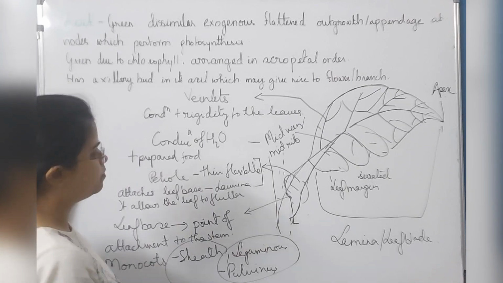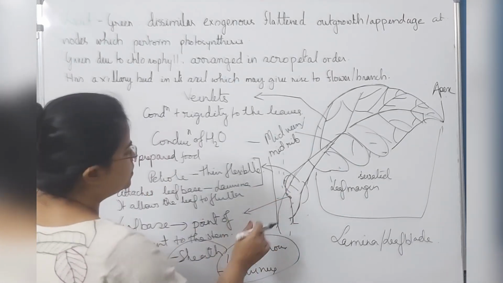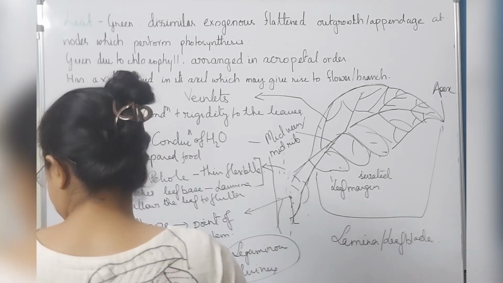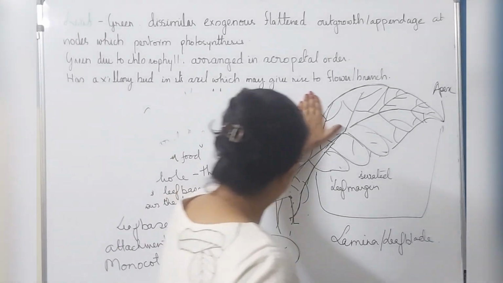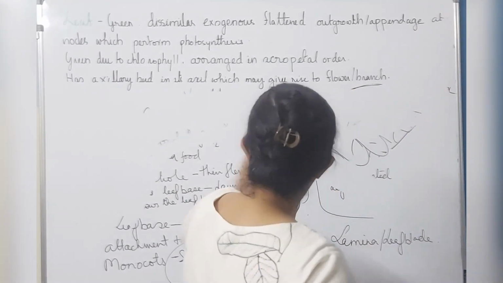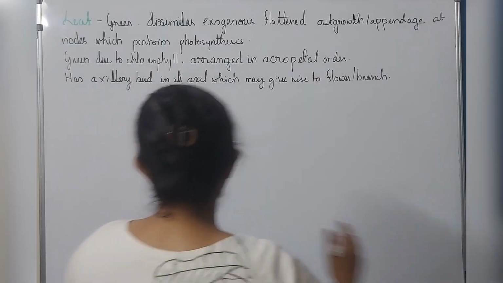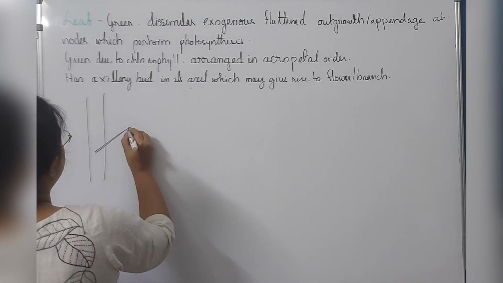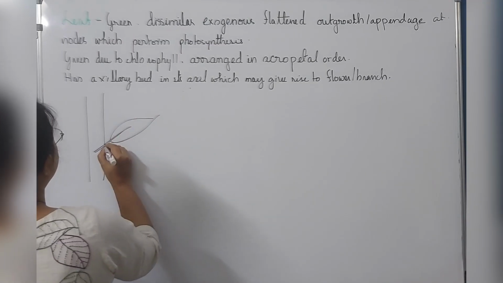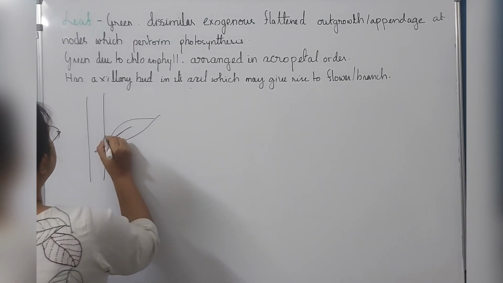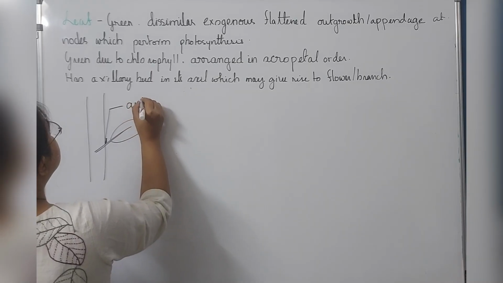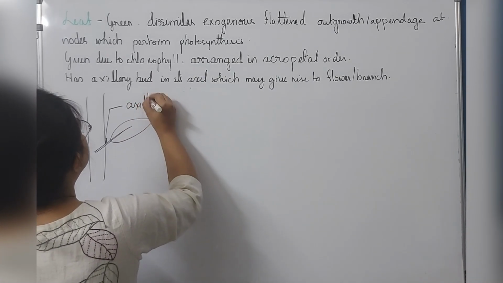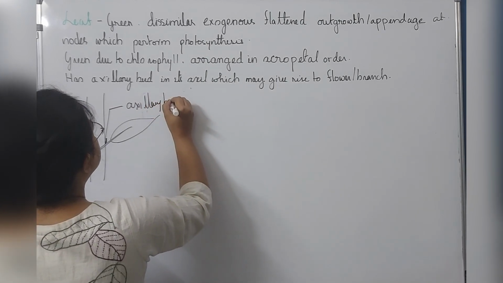And one more thing very important is in a leaf, मैं इसको रब कर देती हूँ and then let me tell. So ये node से ये leaf, here you have the axillary bud. This is the axillary bud.